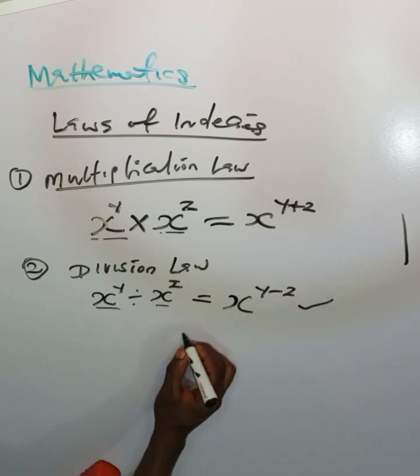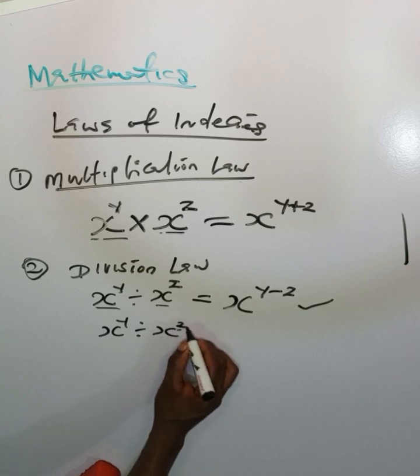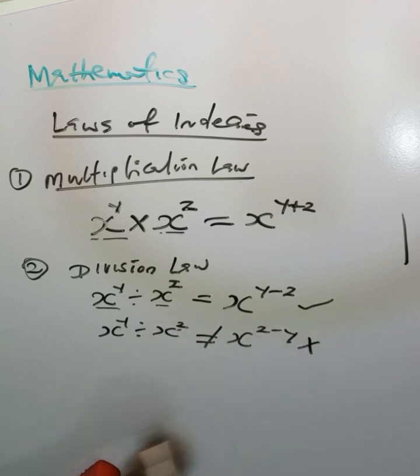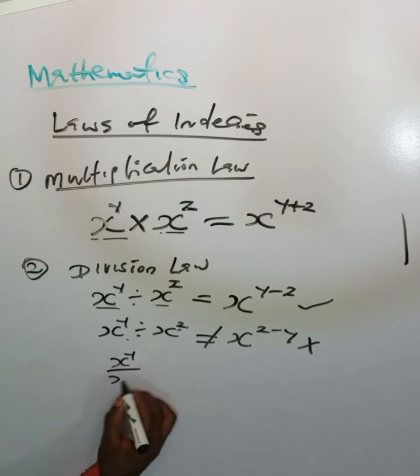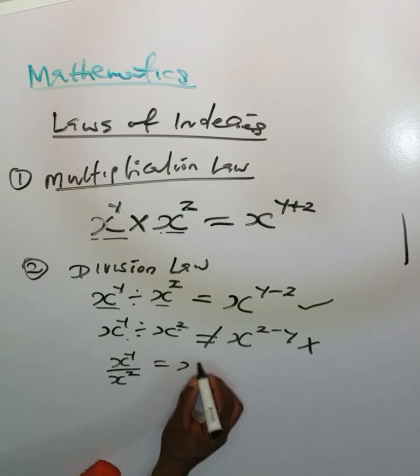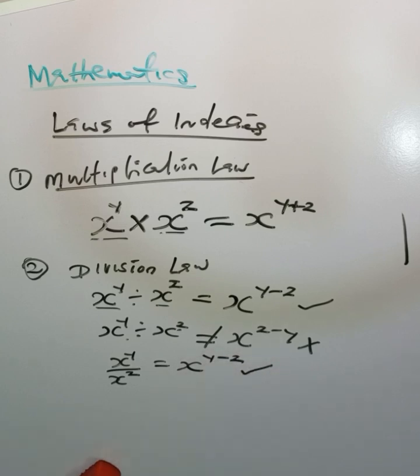Correct. x raised to power y divided by x raised to power z is not equal to x raised to power z minus y, that is wrong, because z is the denominator here. So in this case, it will be x raised to power y minus z. So that is the division law.